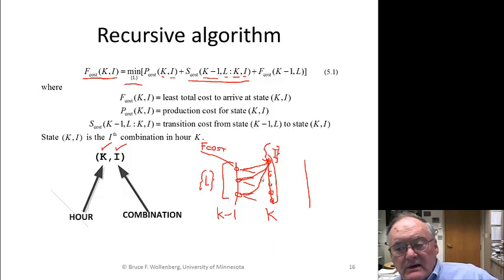So I've got 3 paths to get to this one, and all I want to know is which one was the cheapest. And let's say it was this one in the middle, so I will remember that one. We'll put an asterisk there. And that one is the only one I care about. And remember when we did DP, we said, okay, when you're coming back and you get to this point, then you know what path to take. And that's the way we go forward through this, and then we remember the paths, and we have our optimal path. So we have to execute this recursive algorithm over and over again.